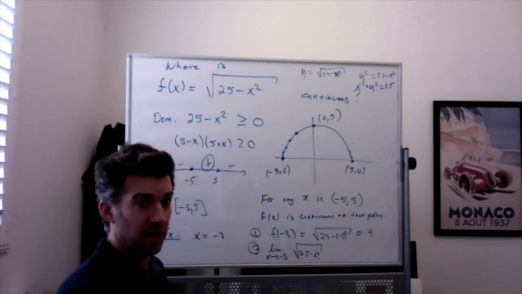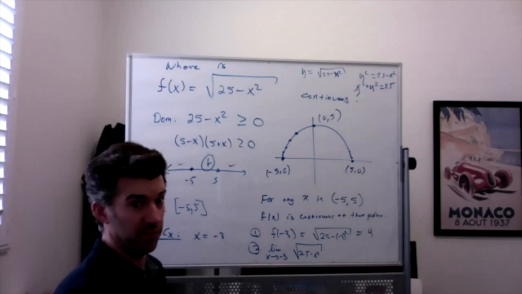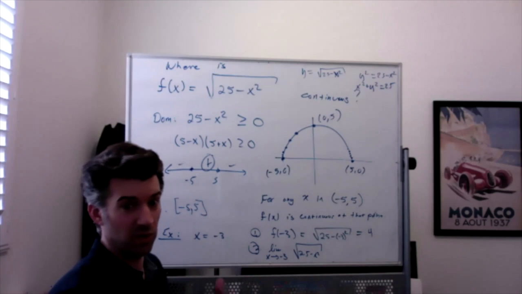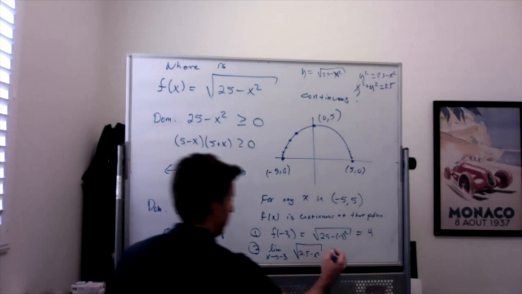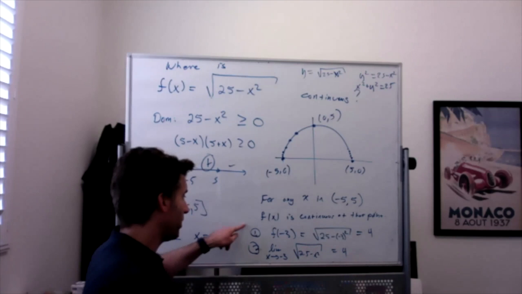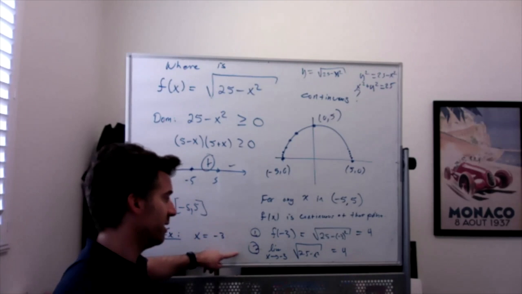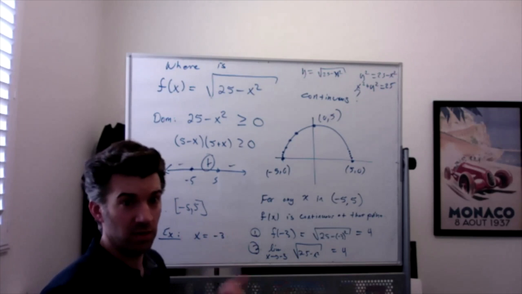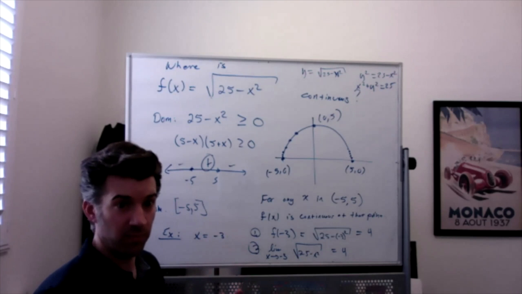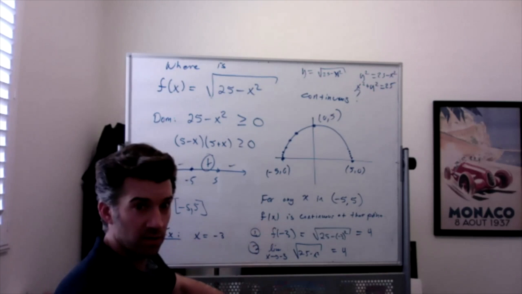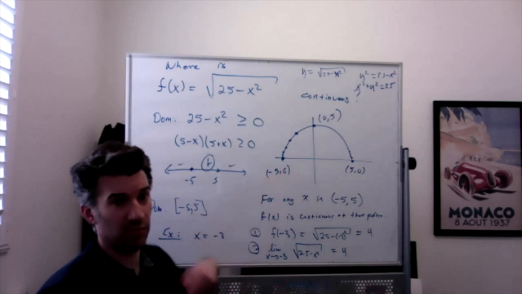Well, we can evaluate that limit by just plugging in -3, right? There aren't any weird 0 over 0 things, so we plug it in and we get 4 again. The function exists at -3, the limit exists at -3, and they're equal to each other. So the function is continuous at -3. And we could have picked any point that wasn't -5 or 5.